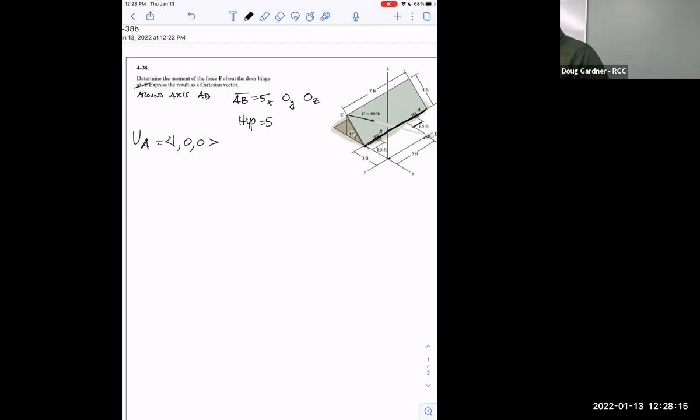And so then I can steal everything else that I just had because the R's and the forces we calculated them a second ago. So the moment is this determinant then.